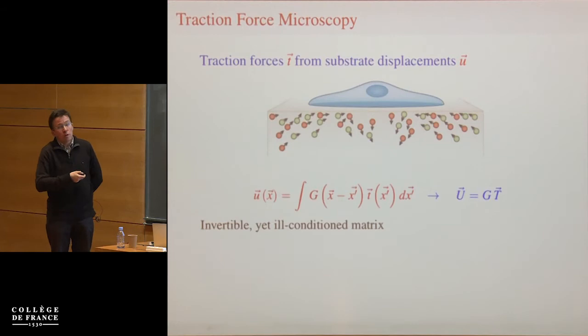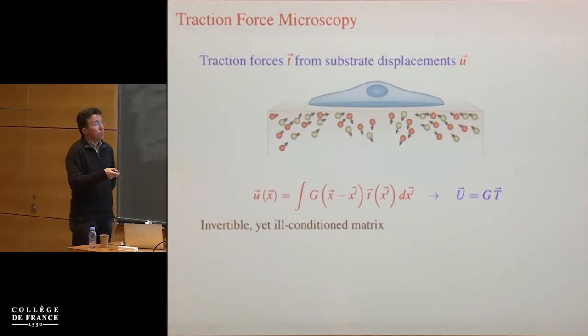The substrate is a simple elastic solid, which means that the forces and the displacement can be related through the equations of elasticity for the substrate. So this amounts to obtaining traction forces from displacement, which means that here again we need to invert a linear system.